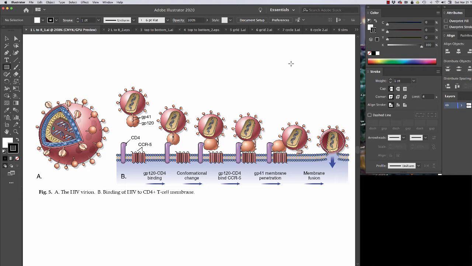The virus starts out up above the surface of the T cell and then is gradually brought down towards the membrane of the T cell, and then eventually actually fuses with the membrane of the T cell to insert the virus's genetic material into the host cell. So this illustration has both a left to right flow and a little bit of a subtle top to bottom flow.